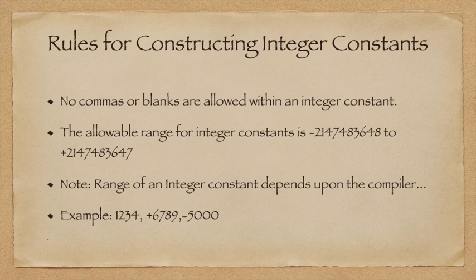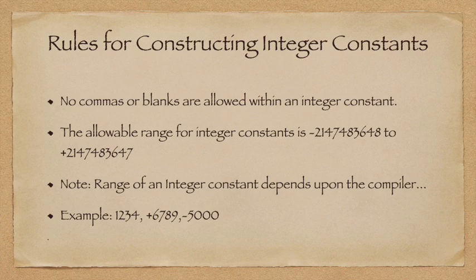The allowable range for the integer constants goes from -2147483648 to 2147483647. How do we get this value? Basically, an integer in a 32-bit machine takes 4 bytes of space. And by 4 bytes, we mean 8 into 4, that is 32 bits.